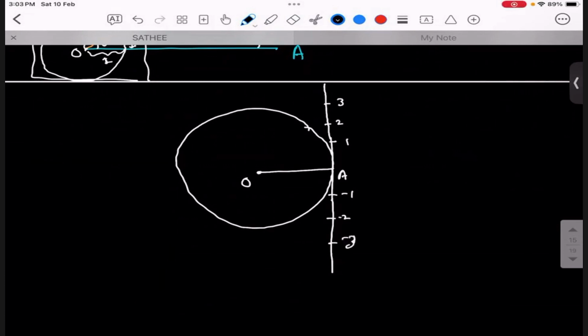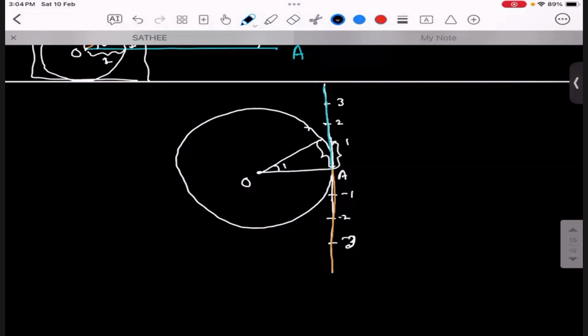Now if I wrap this positive axis, say this blue line is the positive axis of the real line, and this is the negative axis of the real line, along this unit circle, you can see that this length is nothing but the unit arc length along this circle. So this will give us 1 radian.